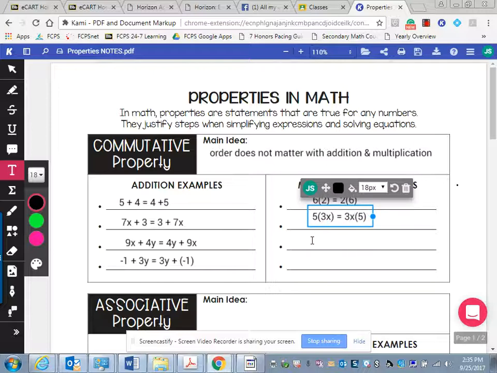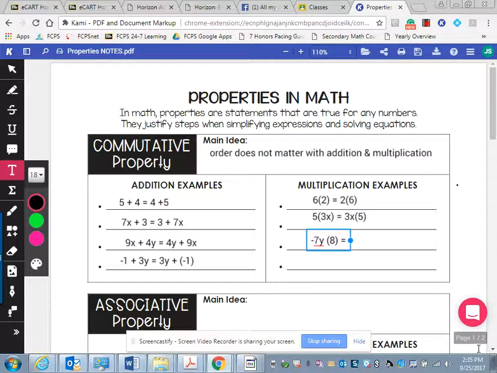Let's do another one. How about this one? -7y times 8 is the same thing as saying 8 times -7y.